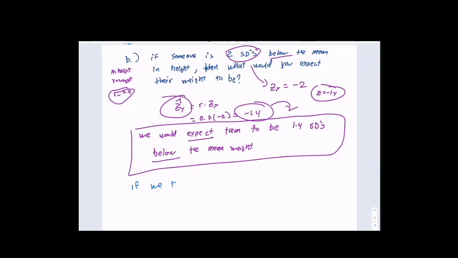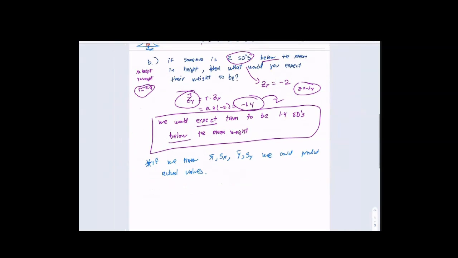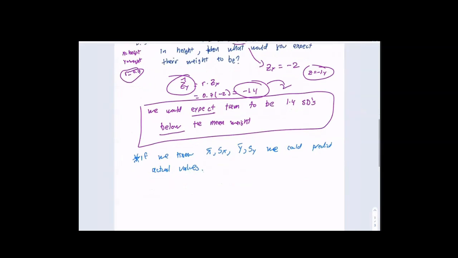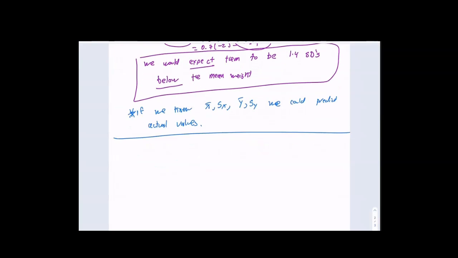If we knew x bar, sx, y bar, sy, we could predict actual values. All right, just want to point that out. But what happens if I give you that? So now let's talk about problems where I do give you that information.